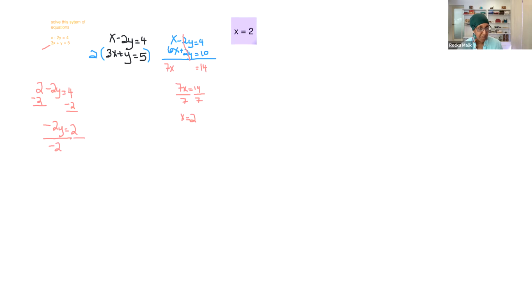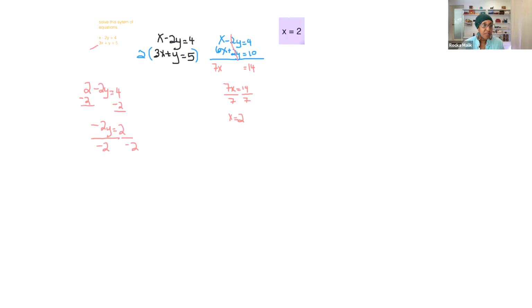And then divide the other side by minus 2 also. So this is gone. y equals -1 because my negative sign is here. So now I have x equals 2 and y equals -1.